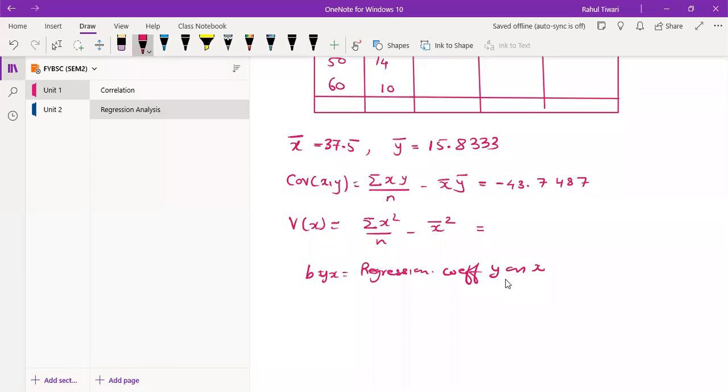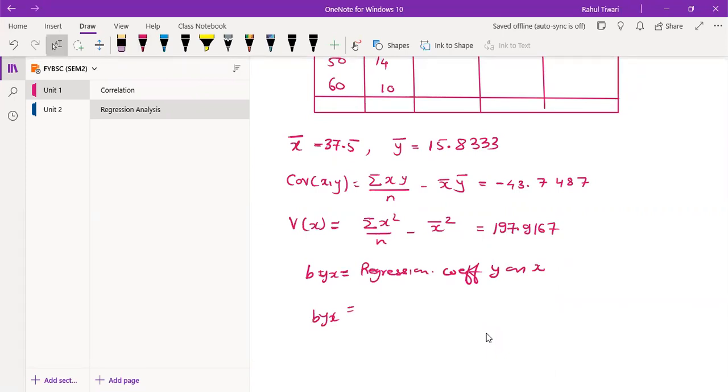Variance of x is 197.9167. So you can calculate b now. It's very simple. Byx is equal to covariance upon variance of x.